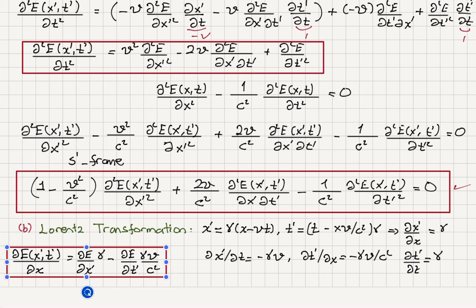Now I need the second derivative. So let's move on with the second derivative, del squared E of x prime, t prime over del x squared. This is equal to the derivative with respect to x of del E del x.